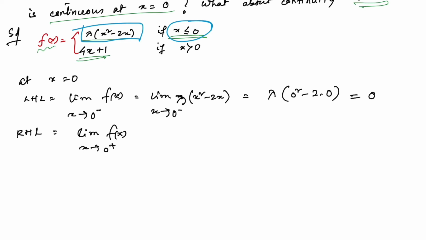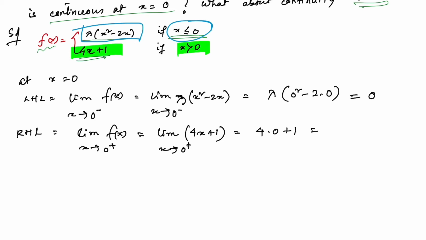Limit of f of x, x tends to 0 positive. For x greater than 0, f of x is 4x plus 1. So limit 4x plus 1, x tends to 0 positive, replace the x by 0. So it will be 4 into 0 plus 1, that's equal to 1. Here you see left hand limit and right hand limit are not equal, one is 0, another is 1.